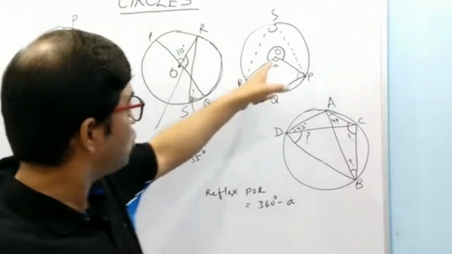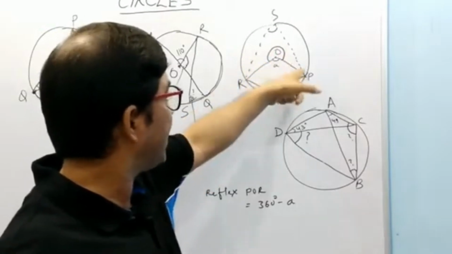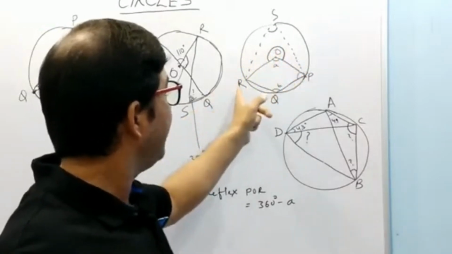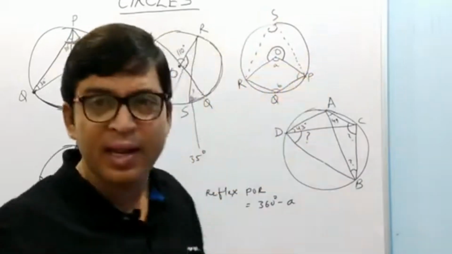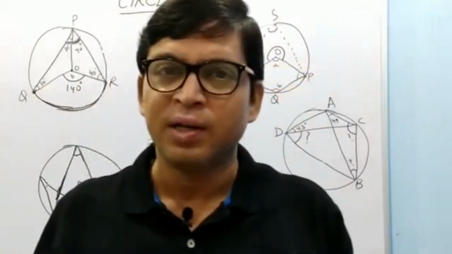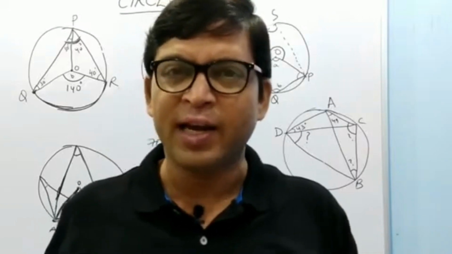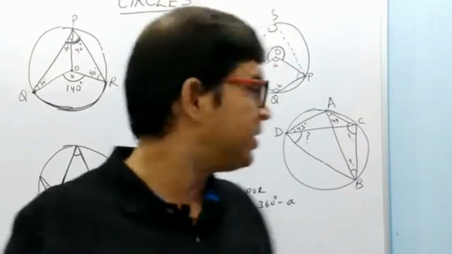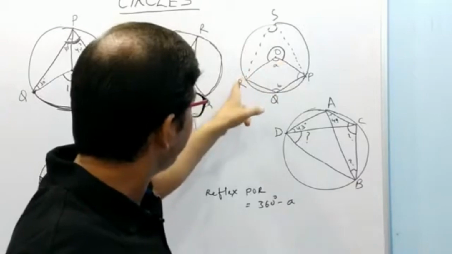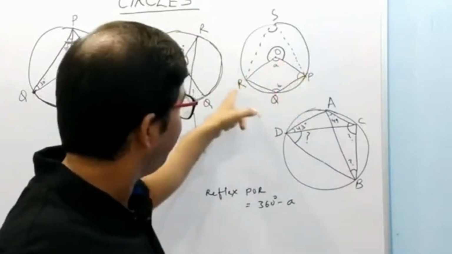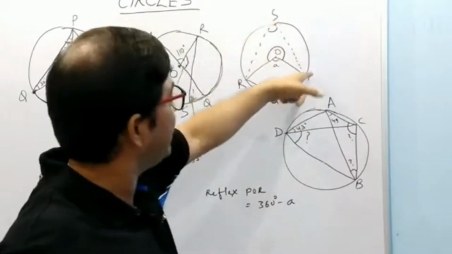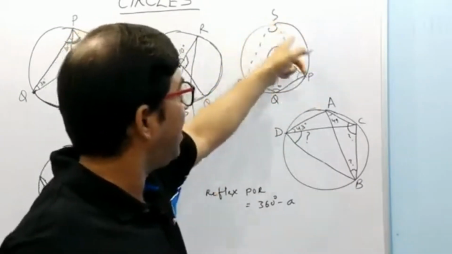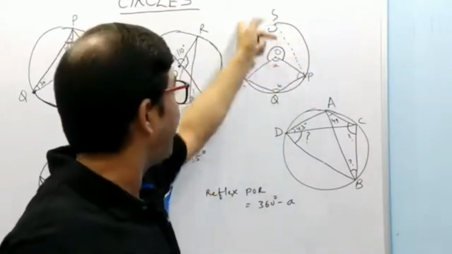And now see this angle, reflex angle POR, is being made by the arc RP. A little bit of uneasiness you may feel in identifying the reflex angle, but see, this reflex angle is also made by the arc RP, this arc.